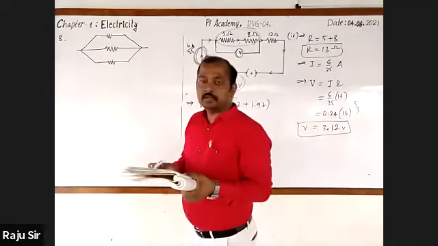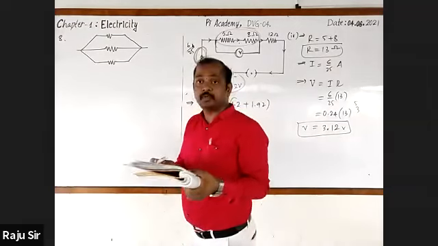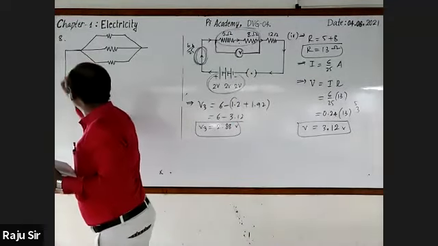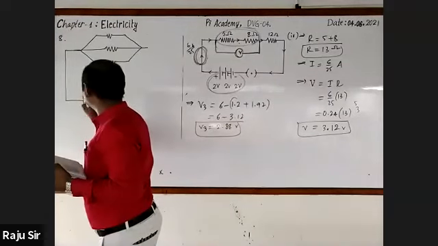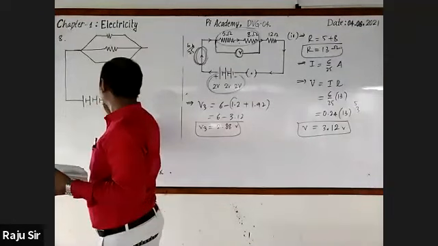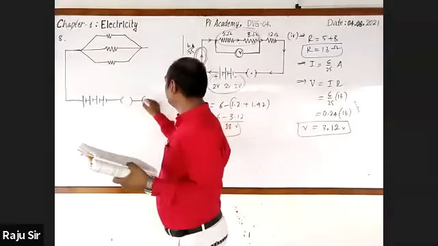And the terminal ends of it are connected to the terminals of a battery along with a switch and ammeter. In that battery, there are 4 cells. Then this is the switch, and after that, the ammeter is connected.